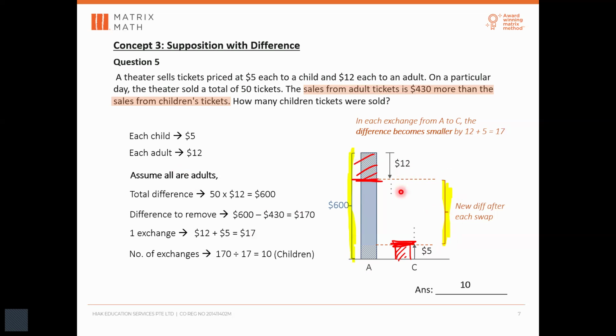Don't think of it as how much did it go down by, but more of how much did the difference become smaller by. So when one goes down, one comes up, the difference actually shrinks. That's the idea. The difference shrinks by how much? Like 12 and 5. Would it help?